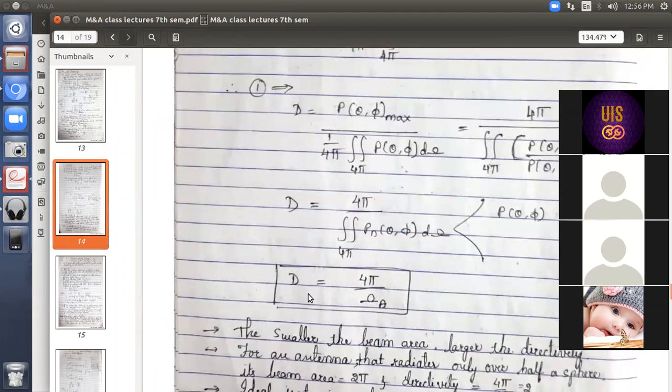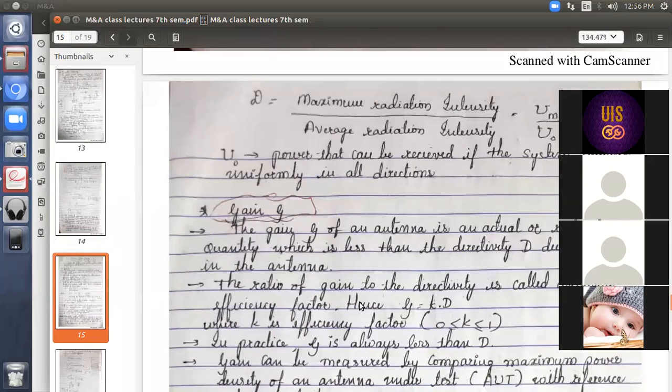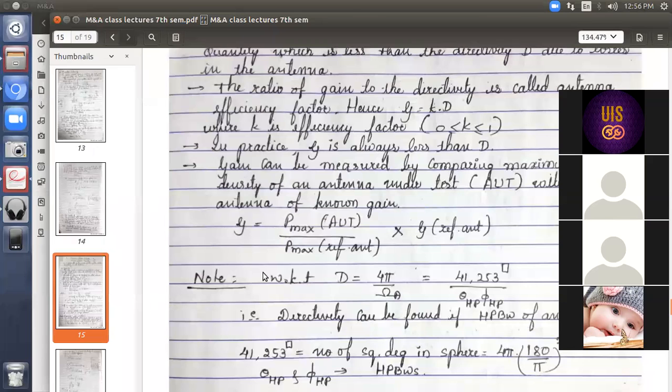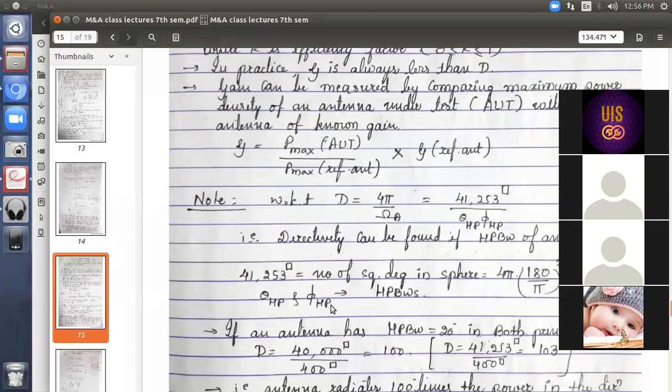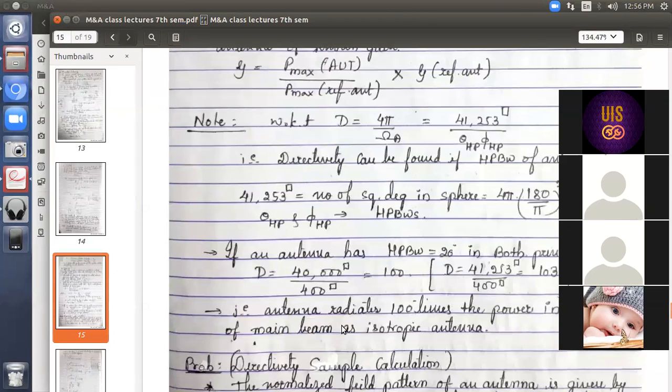For directivity, we derived one formula as well, D equals 4 pi by omega A. Then gain, capital G, and some formula also. With that, some basics regarding the manipulations of directivity we have seen. Taking an example of HPBW as 20 degrees, we have seen the significance of gain.